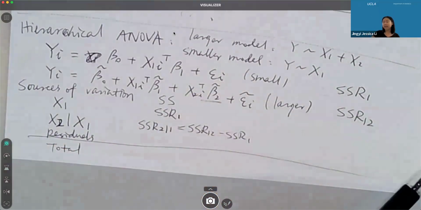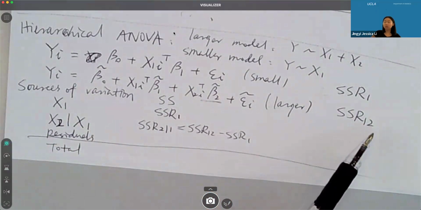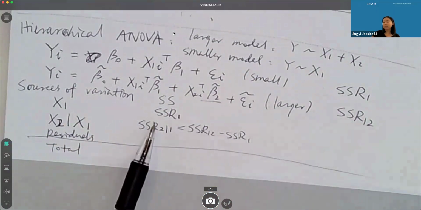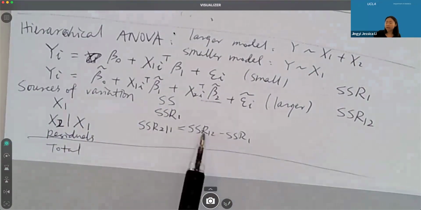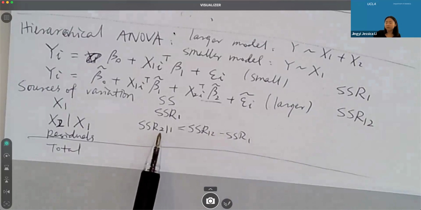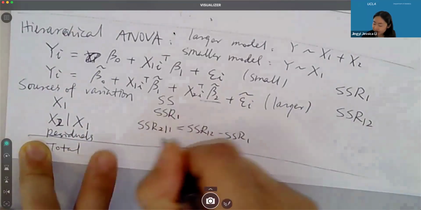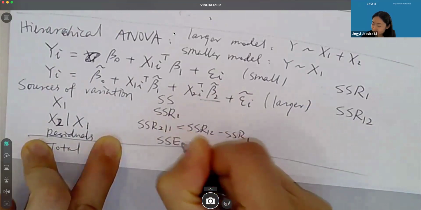The reason is we know that by adding additional covariates, we could explain more of the variance. So SSR1, 2 is for sure no smaller than SSR1. So we take this non-negative difference as SSR2 given 1. And the residual is SSE1, 2.